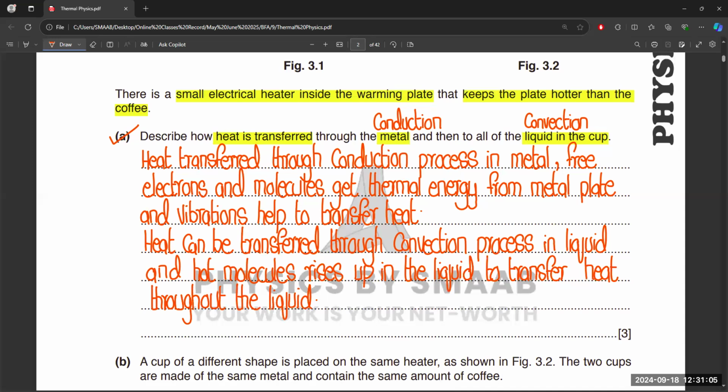So this is the explanation for the answer. First, you need to explain the idea of conduction, then you need to explain the idea of convection.